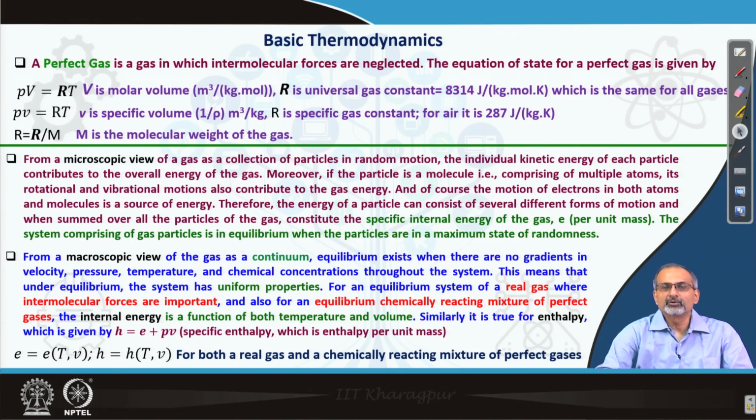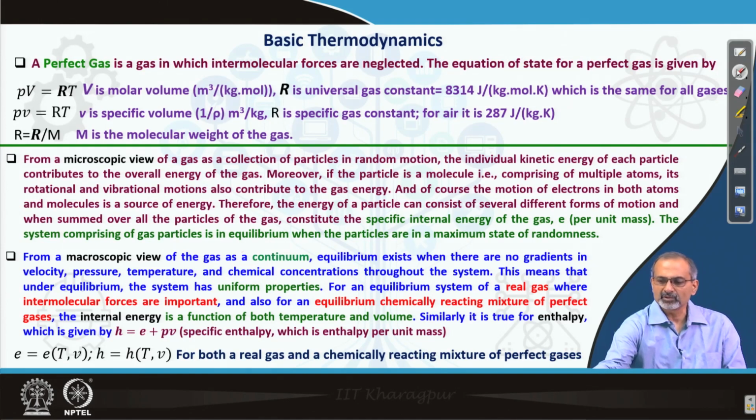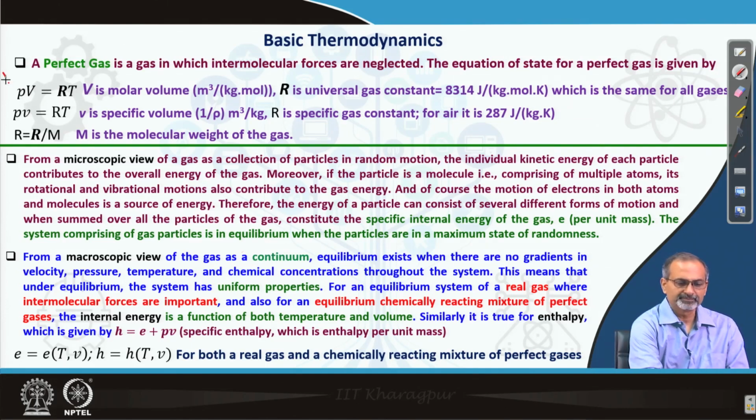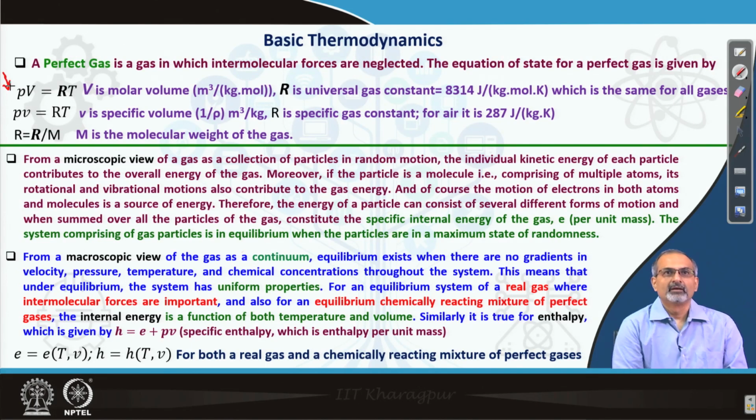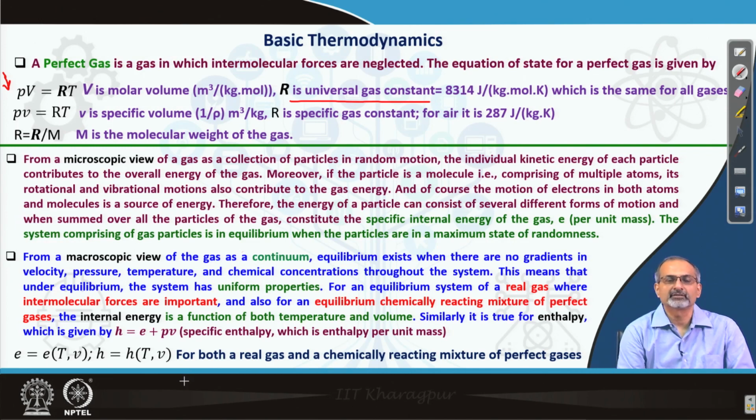And then we talk about the equation of state for a perfect gas, where the equation is given by small p times capital V is equal to RT. That's what you can see over here. And here the R is a capital R, which represents the universal gas constant, given by a value of 8314 joules per kg mole Kelvin, which is identical for all kinds of gases.